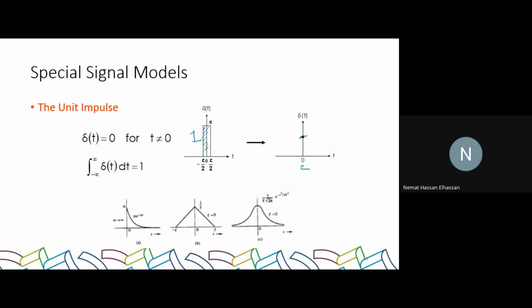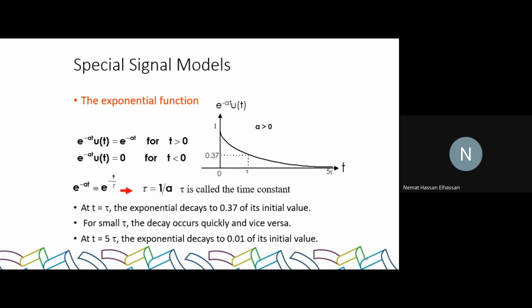We usually refer to it as delta, the delta signal. So delta of t is basically the signal over here. You notice each signal has a specific variable that we use for it. So u is used for unit step, delta is used for the unit impulse. And then we have the exponential function, which we had in our previous example.